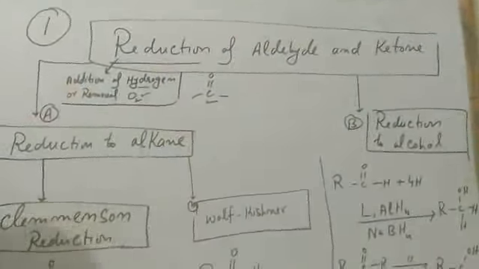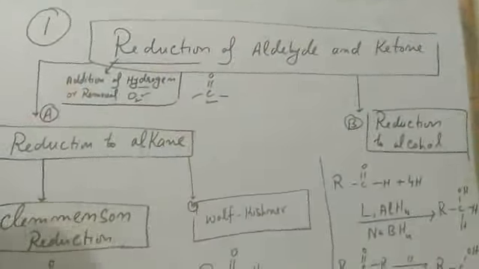Keep in mind, these are very important from the MCQ point of view. But the two reactions, that is Clemmensen reduction and Wolff-Kishner reaction, differ from each other in the nature of the reducing agent.